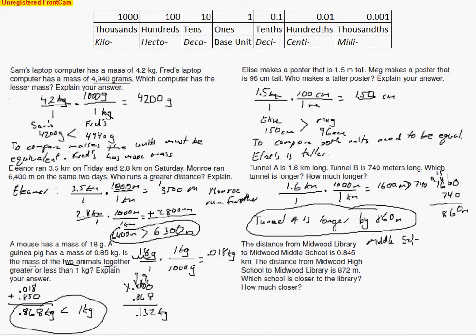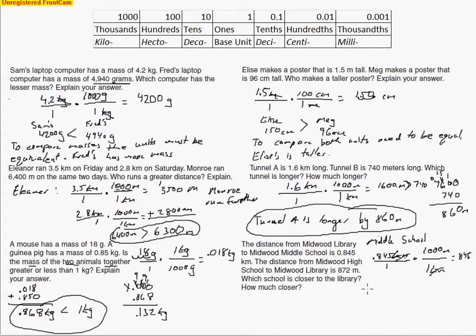We're going to change that to meters. So 0.845, kilometers it is right now. We're going to multiply that by 1 kilometer on the bottom and 1,000 meters on top, because 1,000 meters equals 1 kilometer. So we get those kilometers to cancel, and we end up moving that decimal 3 spaces makes 845.